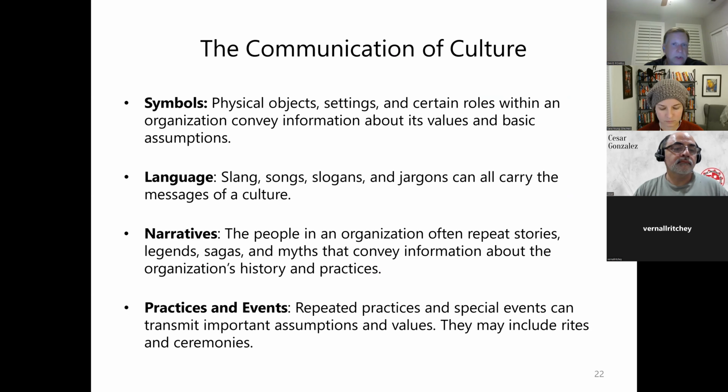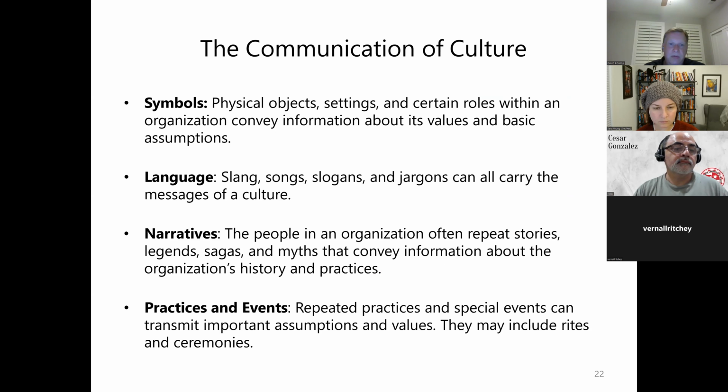The types of language that's used in terms of jargon and slogans, those communicate culture as well. Leaders can communicate culture with stories and narratives, urban legends and sagas and myths about what happened in the past in the organization. That can help convey culture.